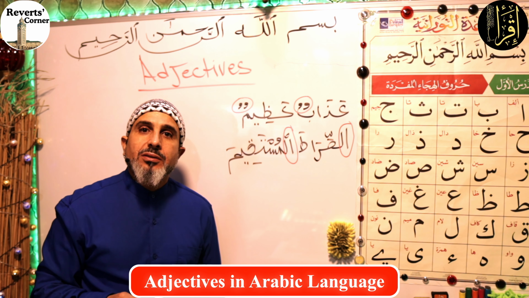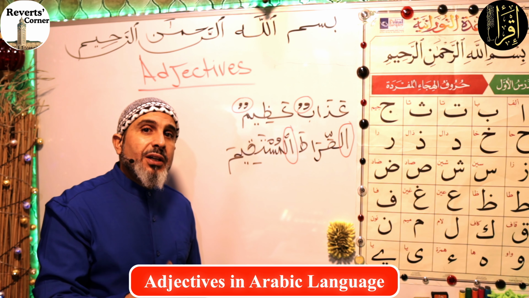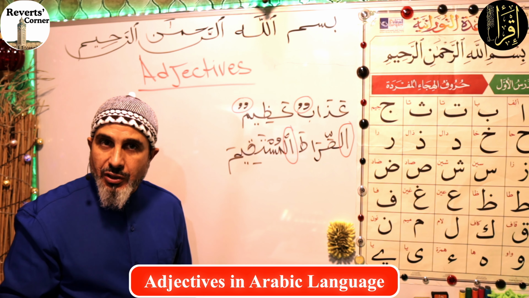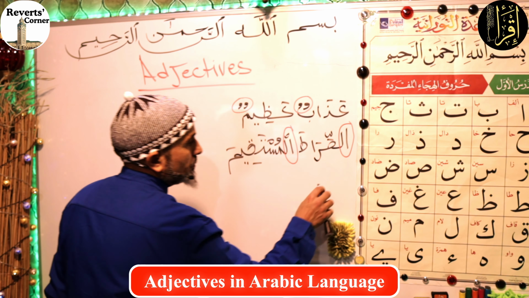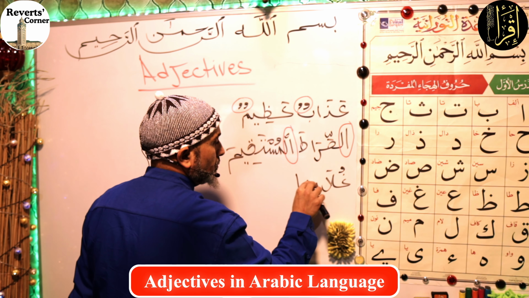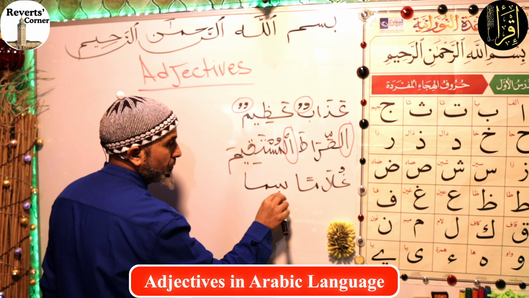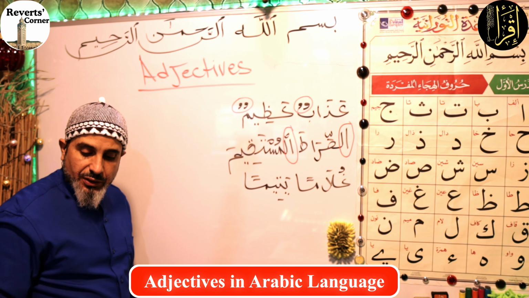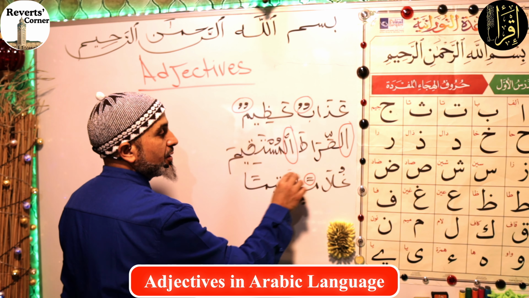Another case is that if the man'ut, the one that is being described, is indefinite, then the adjective should be indefinite as well. An example is غلاما يتيما, and we know that because there is no alif and lam and there is tanween.